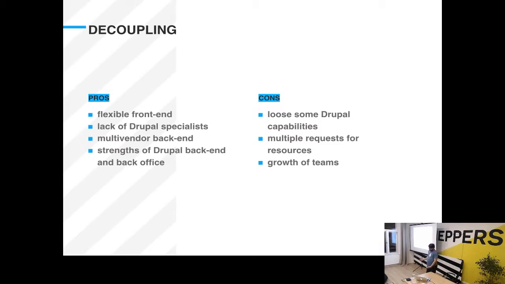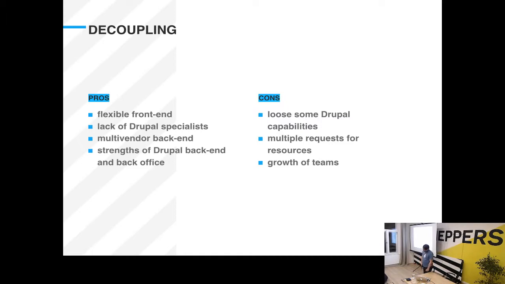It will bring you multi-vendor backend. As I said on the previous slide, you can use multiple applications providing data to your final one, which will be presented to the end user.